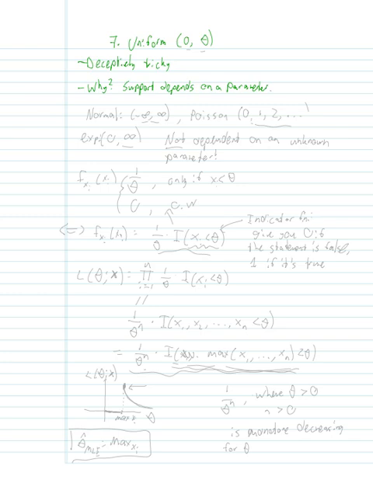For the last examples, like the normal distribution, right? It has a support from negative infinity to infinity, while Poisson has a support of 0, 1, 2, up to infinity, while exponential has support from 0 to infinity, right?